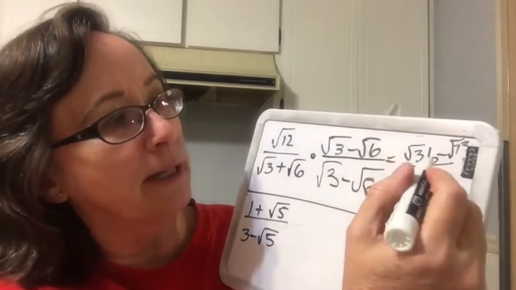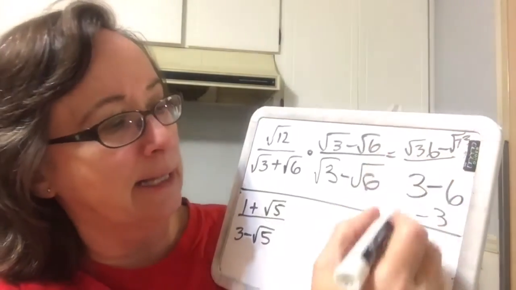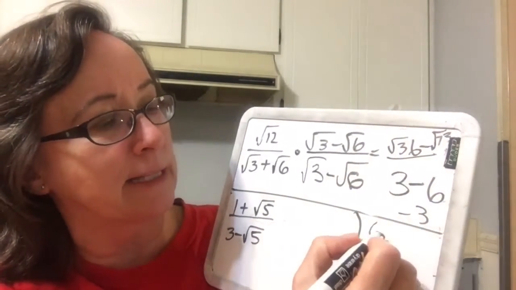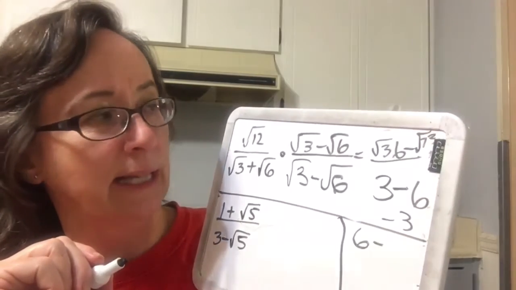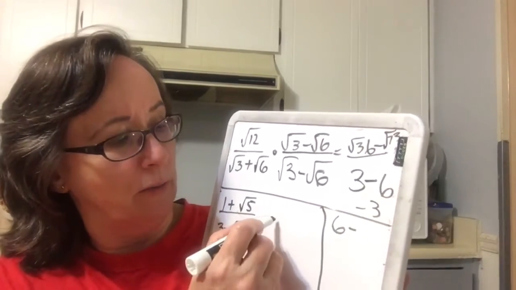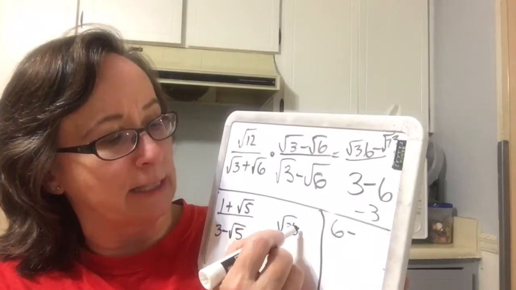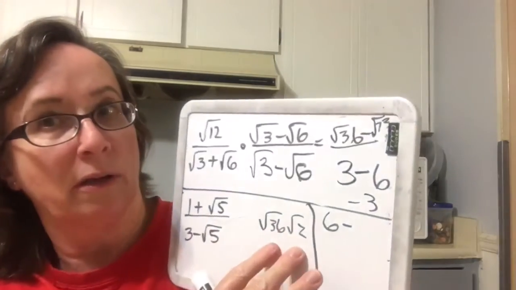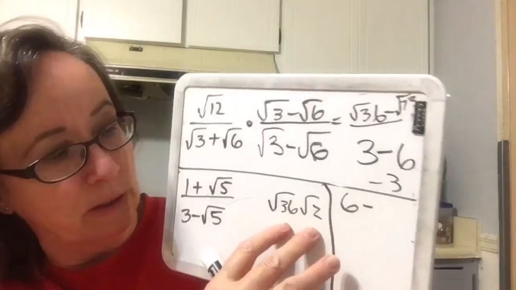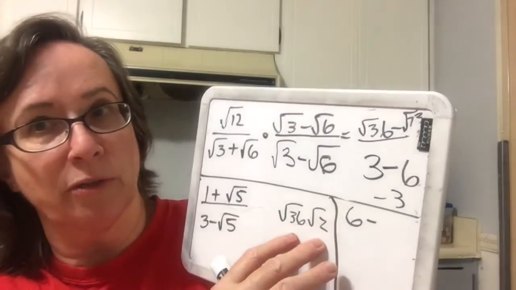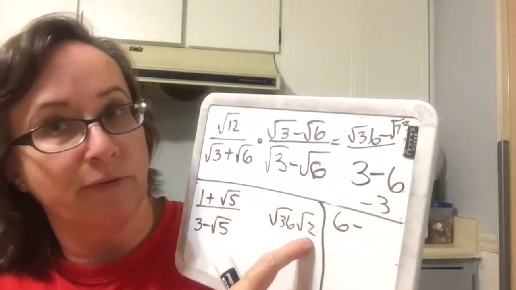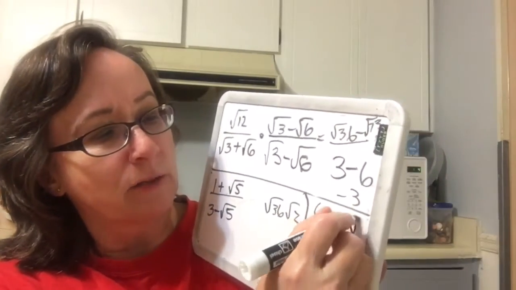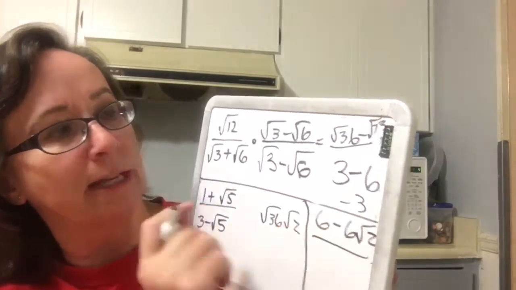Okay, so this one is going to be 6, the square root of 36 is 6, minus, now, 72 has 36 in it. In fact, 72 is the square root of 36 times the square root of 2. So we're going to reduce the square root of 72 into 6 square root of 2. So 6 square root of 2 is my reduced answer there.